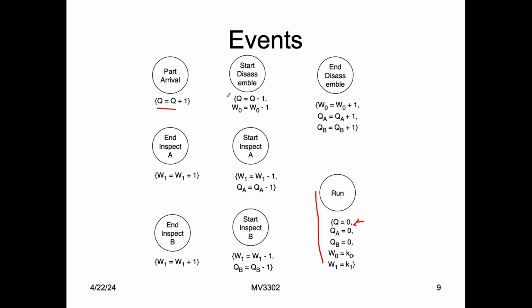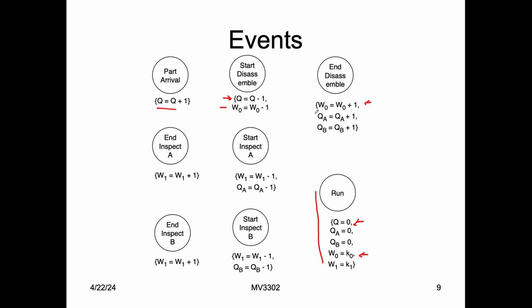And then what else can it change? It could decrement. And this should look fairly familiar. If we pick another state, say the number of available disassembly workers, then we would lose one when we start to disassemble, and we would gain one when we finish disassembling.